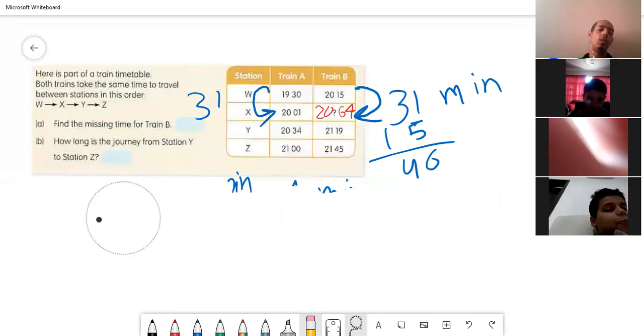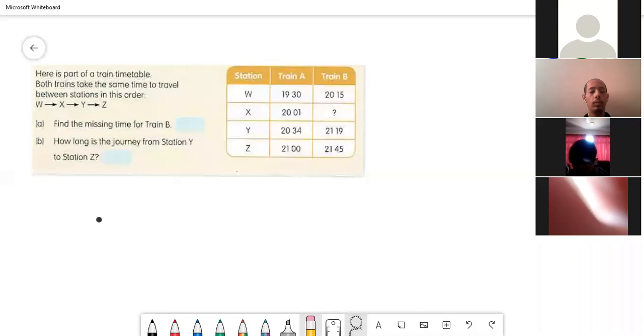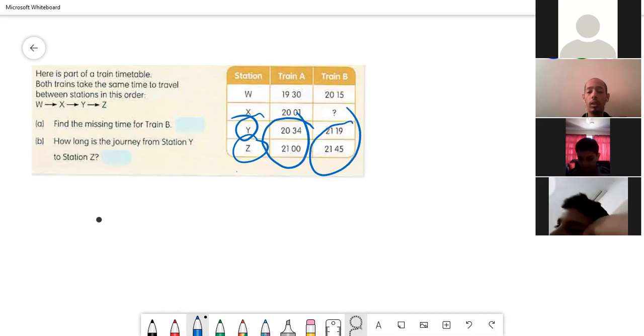Now the other question, question 2, part B. How long is the journey from station Y to station Z? What is station Y? This is station Y. What is station Z? This. How long is the journey? You can take the journey for train A or for train B because both of them have the same travelling time, right?